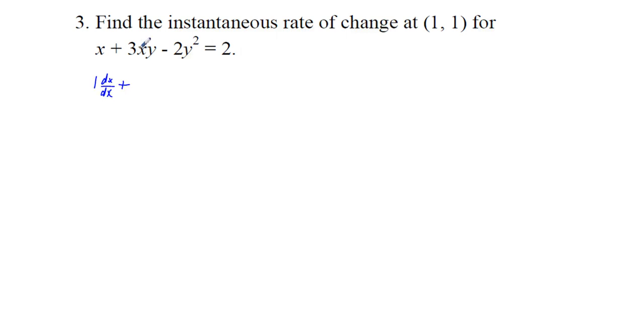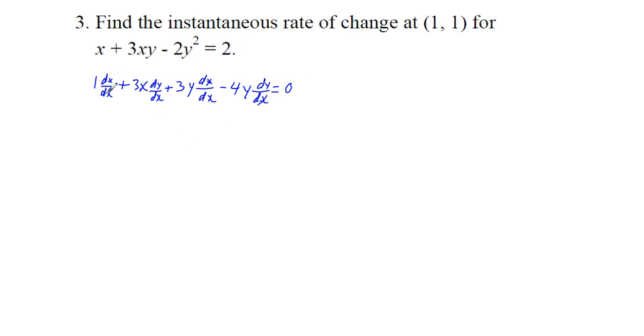And then we have plus 3x times the derivative of y, which is dy/dx, plus 3y times the derivative of x, which is dx/dx. And then we have minus the derivative of 2y squared, which is going to be 4y times dy/dx. And on the right side of the equation, the derivative of 2, or of any constant, is 0.